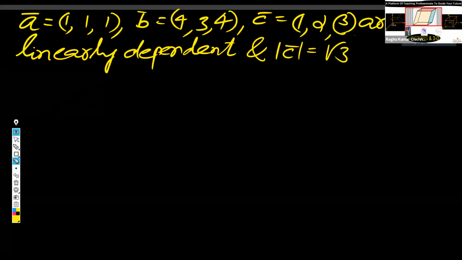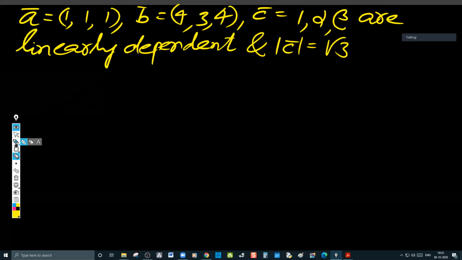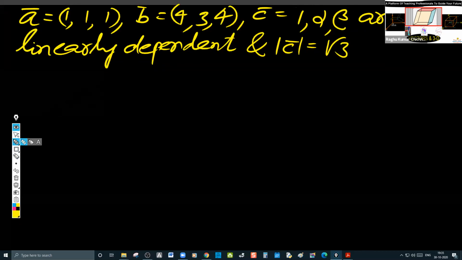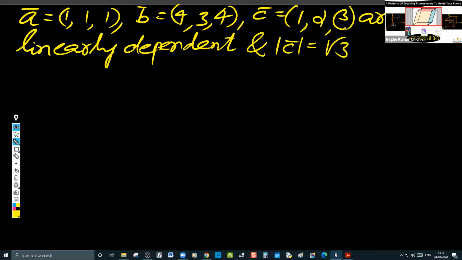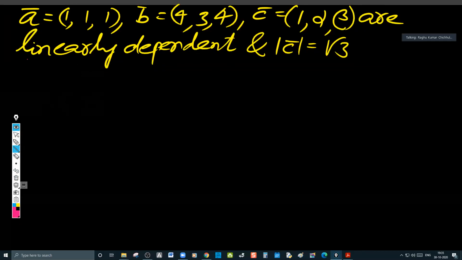Yesterday we did, sir: a set of vectors is said to be linearly dependent if there exist scalars x1, x2, and so on, not all zero, such that x1 a1 plus x2 a2 plus so on, xn an equals 0.